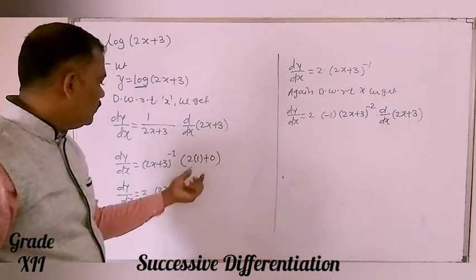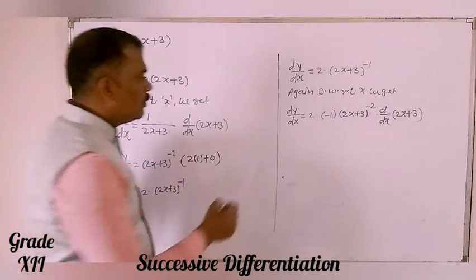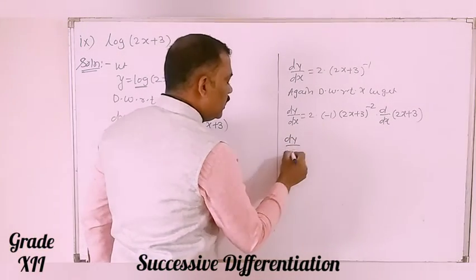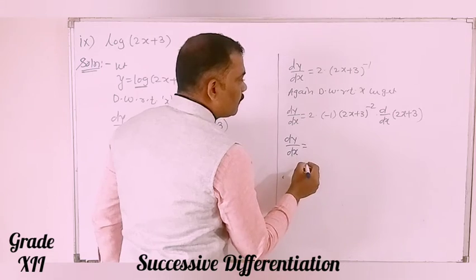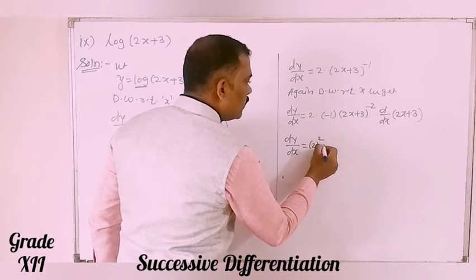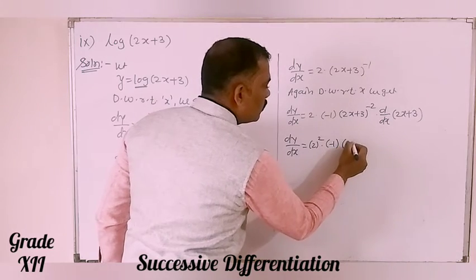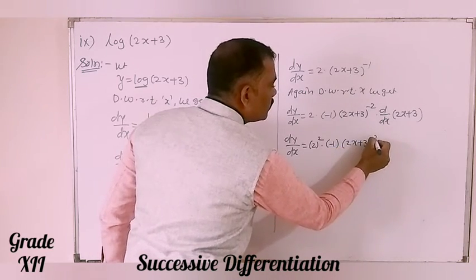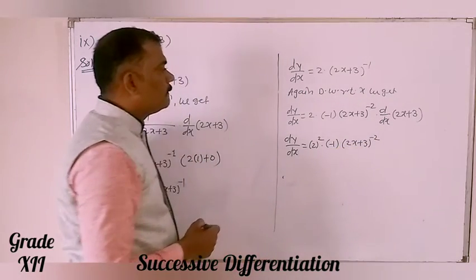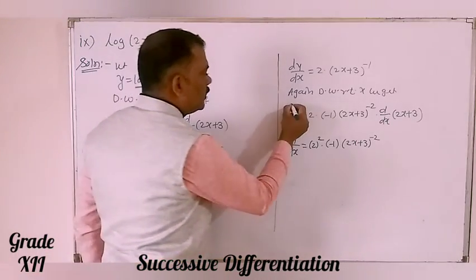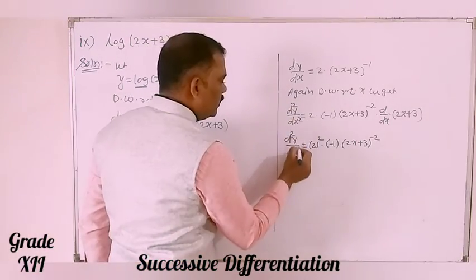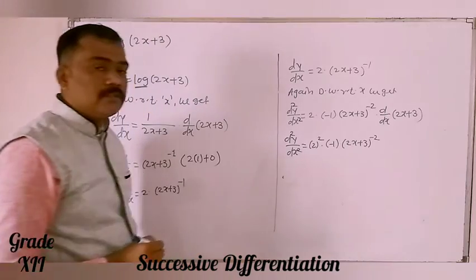The differentiation of 2x plus 3 we already found, that is 2. So d2y by dx square is equal to 2 square into minus 1 into (2x plus 3) raised to minus 2.